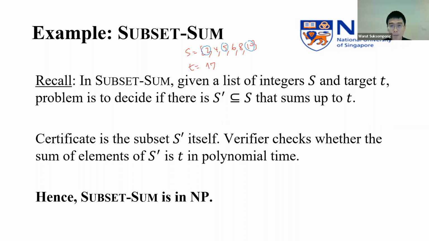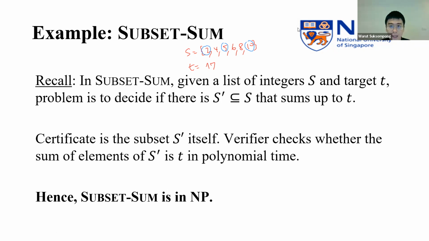I tell you these 3 numbers, and you can verify yourself that these indeed add up to 17, and you can check that these numbers really appear in S. So this subset S prime that sums up to T forms a certificate. You can verify in polynomial time that these numbers sum up to 17 and exist in S. So by this reasoning, the subset sum problem belongs to NP.